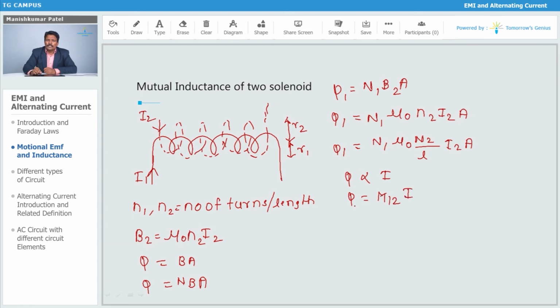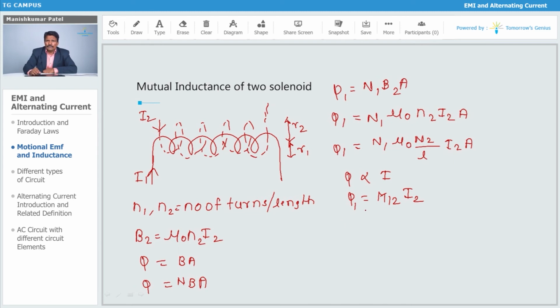So this is the flux. Phi is equal to M12 into I. So this is phi1 and this is I2, that is what we have seen over here.